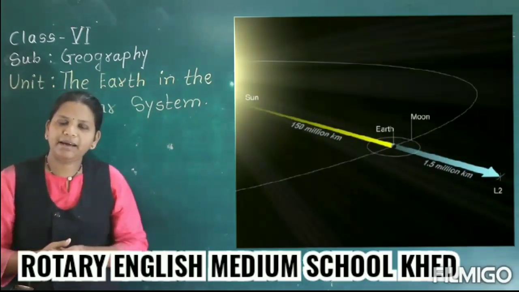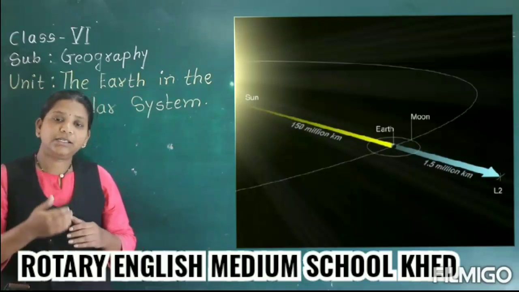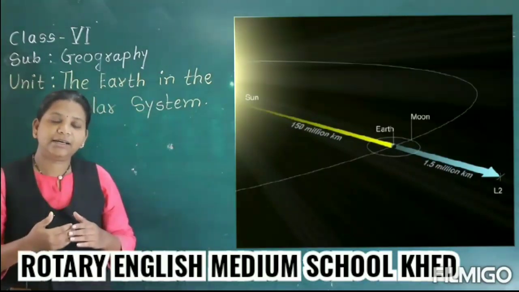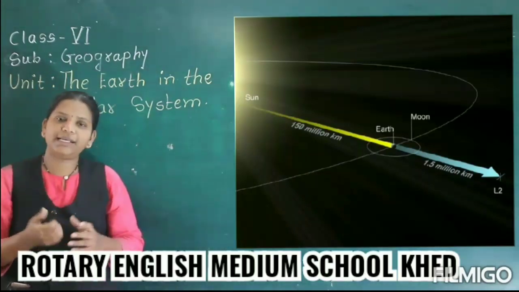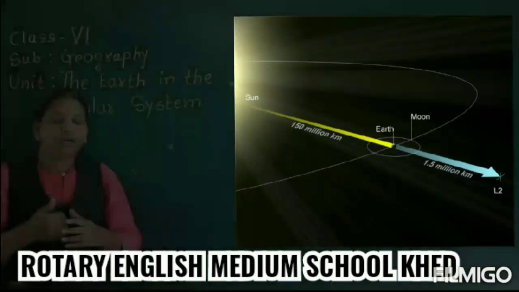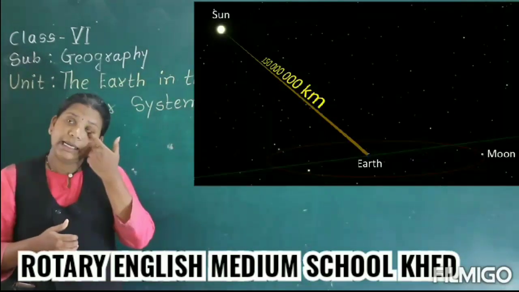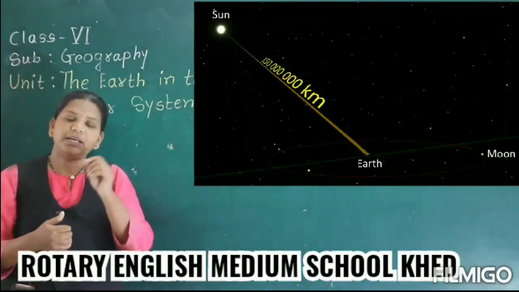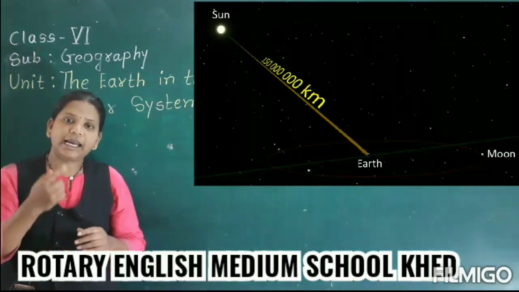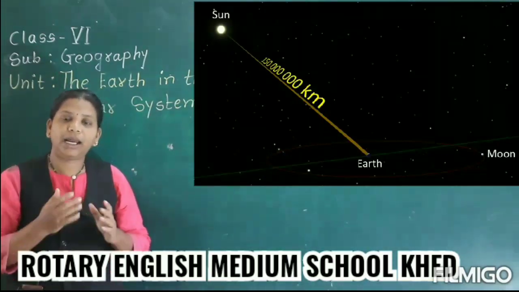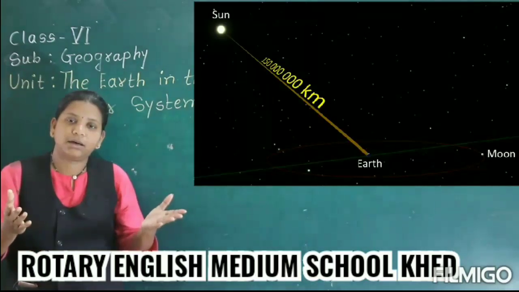Now what is meant by light year? The distance covered by light in 1 year is known as a light year. Now see, light travels 3 lakh kilometers per second. So imagine, in 1 year it can travel about 10 trillion kilometers.